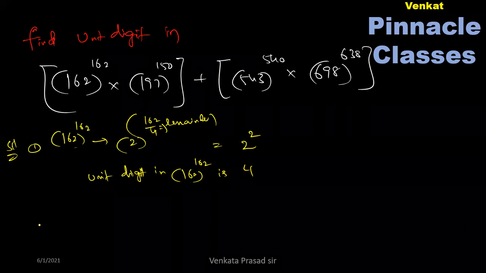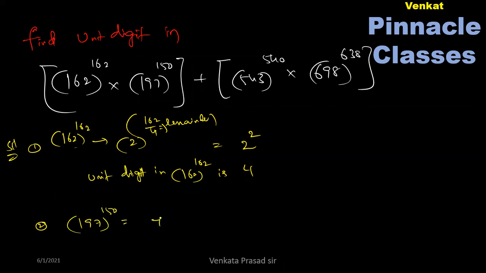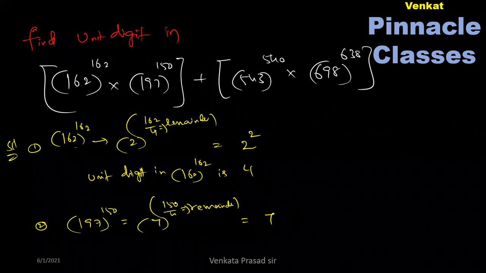Question number 2: 197 power 150, which is the same as 7 power 150. Divide by 4 for the remainder. 150 by 4, the remainder is 2.